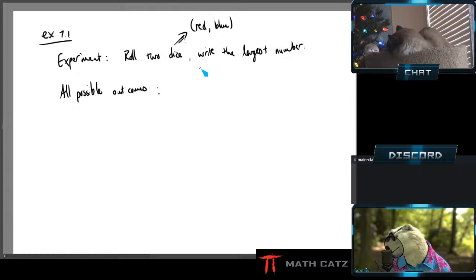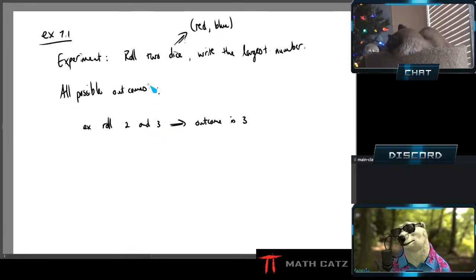So the wording is important. I'm not writing down, for example, I roll a 2 and a 3, I don't write down 2 and 3. I write down, as the result of this experiment, the largest number that I see. So, for example, if we roll 2 and 3, then the outcome of the experiment is 3, the largest of the numbers.